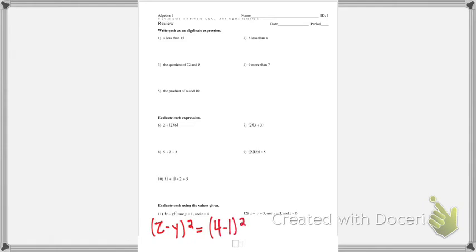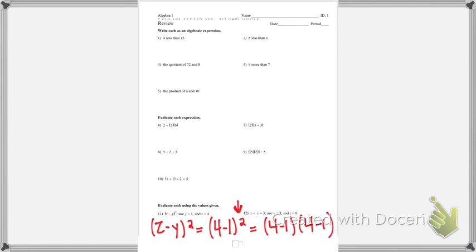All right, so think in your head, what does this mean? What does this 2 right here mean? Does that mean that I say 4 times 4 2 times? Do I say 1 times 1 2 times? Or does that mean that I write it like this?